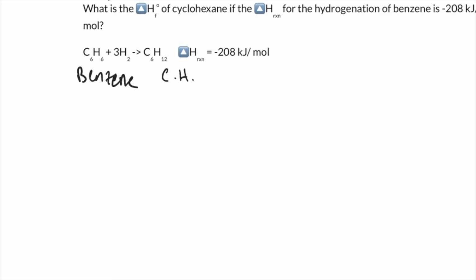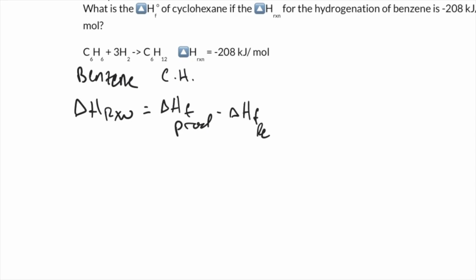Now, we're going to solve this in our two different ways. Let's use our delta H of reaction is equal to the heat of formation of products minus the heat of formation of reactants. And then we'll go ahead and solve it with the energy cycle.